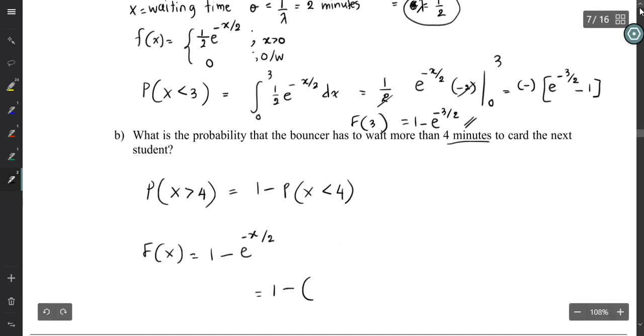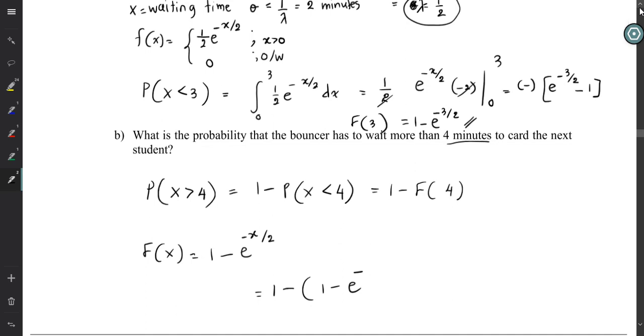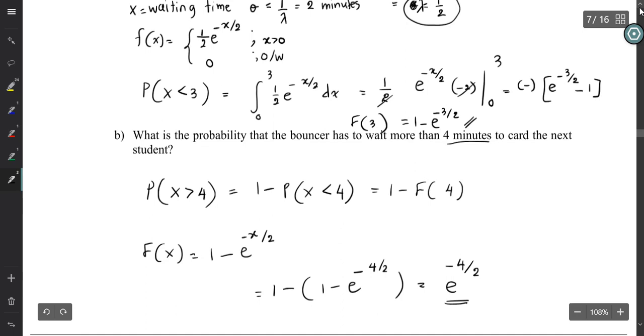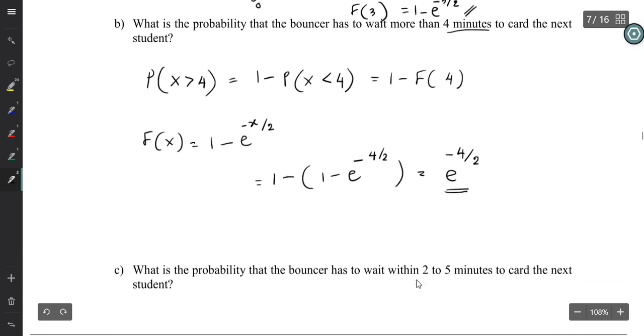It is 1 minus F(4). So F(4) is 1 minus e to the negative 4 over 2, so the answer is e to the negative 4 over 2. Again, you can plug it into the calculator and find this easily.